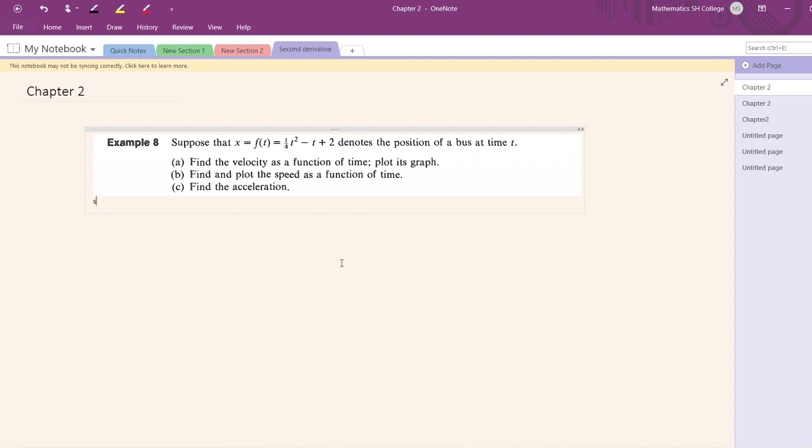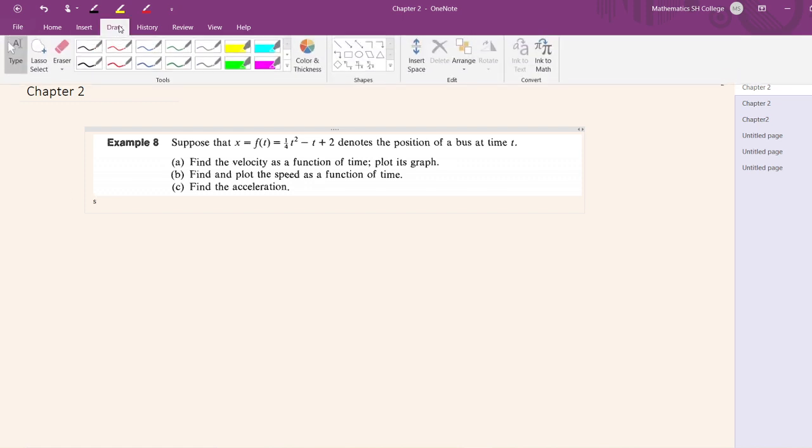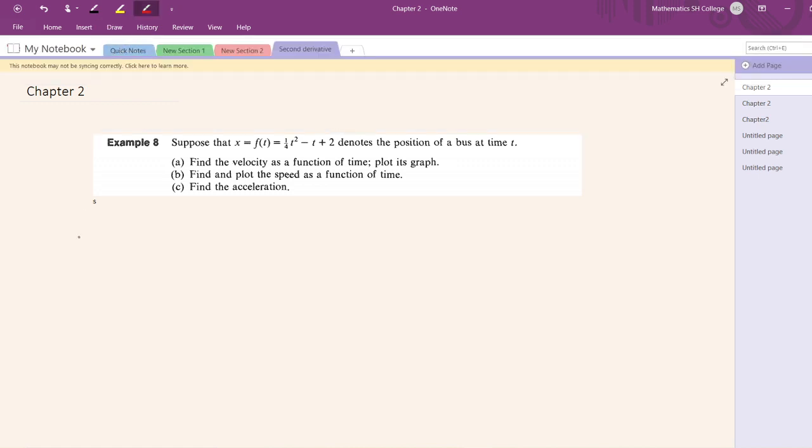C. Find the acceleration. So I think velocity we already know. x equal to f of t represents the position, then velocity is the first derivative. So we know that dx by dt.